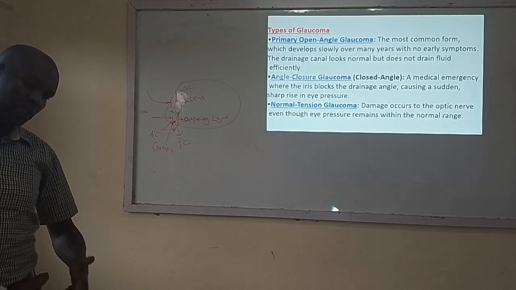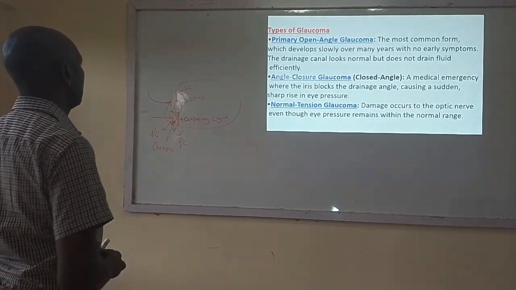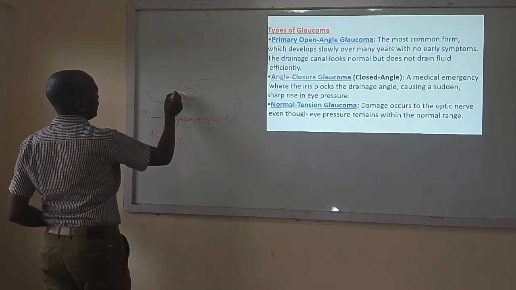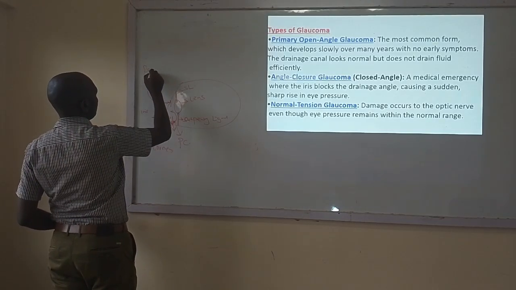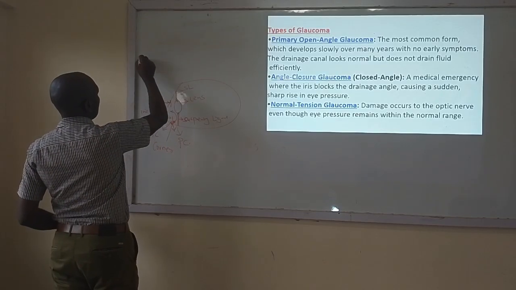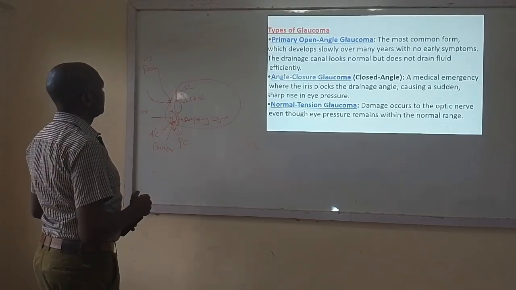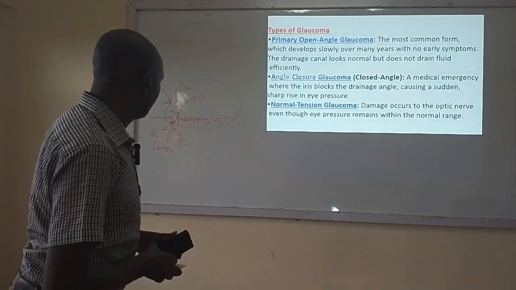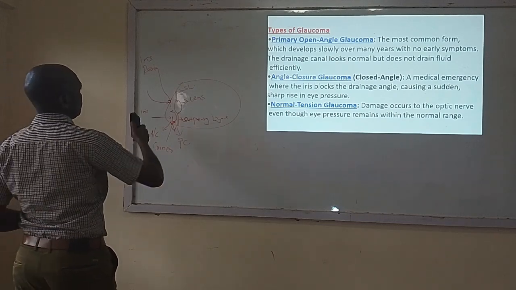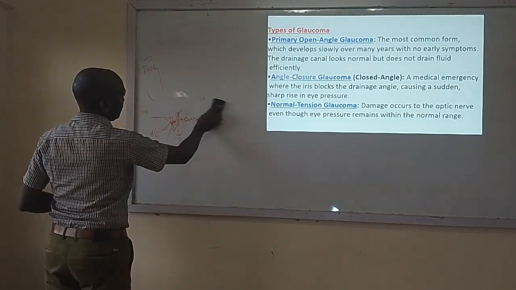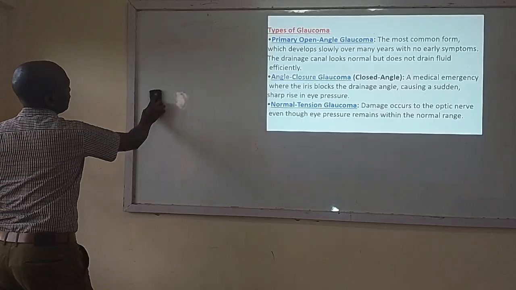The angle between the cornea and the root of the iris. The iris root and the cornea form what we call the iridocorneal angle. That is what we are referring to as either closed angle or open angle.